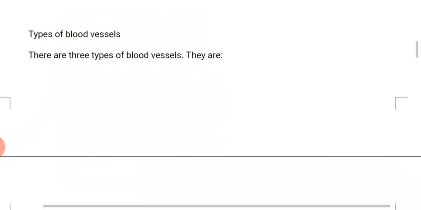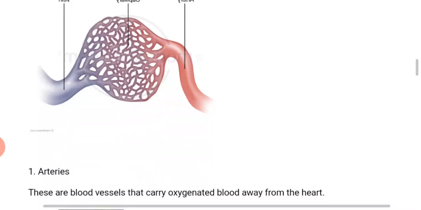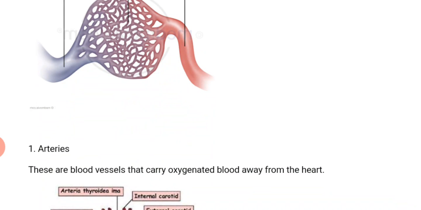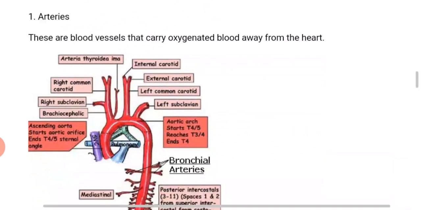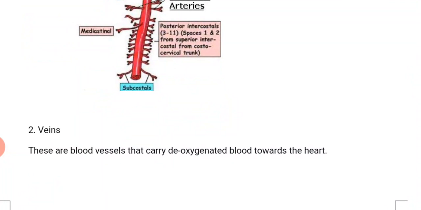One, the arteries that carry the oxygenated blood away from the heart. The second type of blood vessel is vein. Veins are the blood vessels that carry the deoxygenated blood towards the heart.